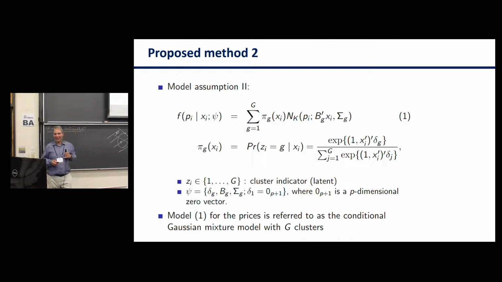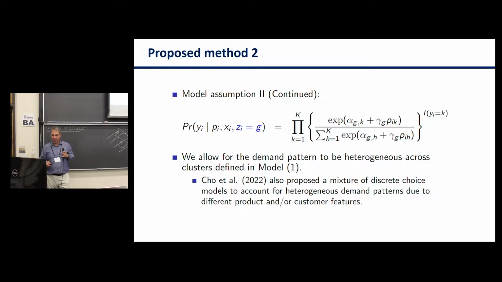The second method actually uses a mixture of these models, and it assumes that there are some clusters of the customers, and we have soft clustering. Each customer belongs to the mixture of the clusters with certain probability.